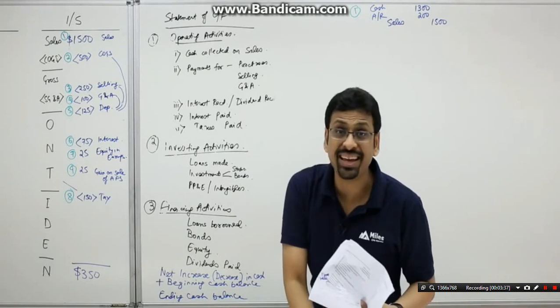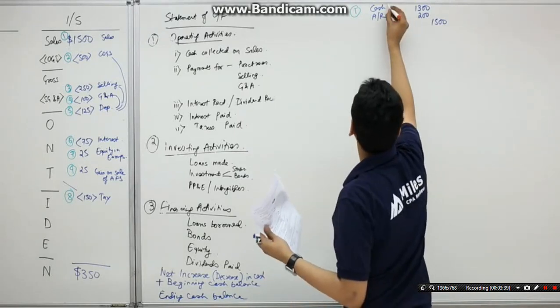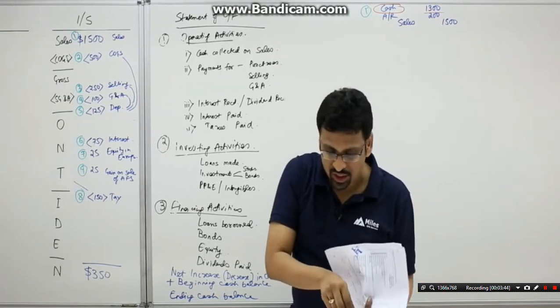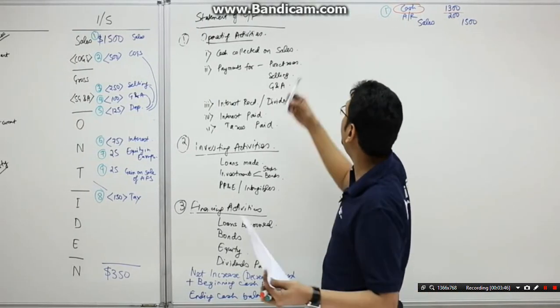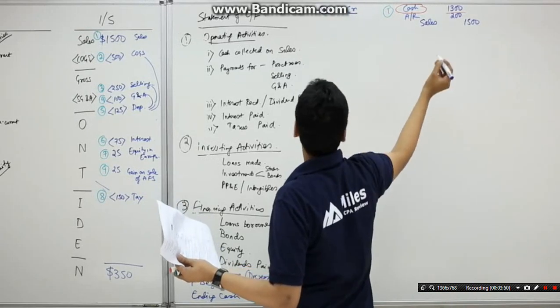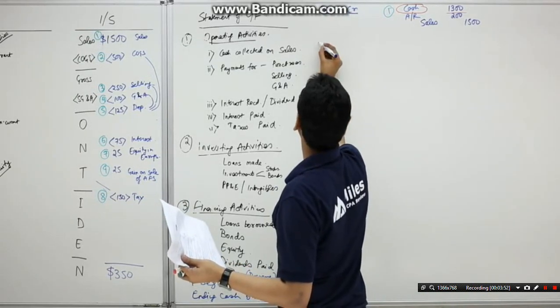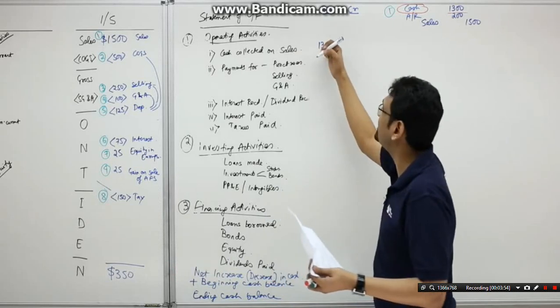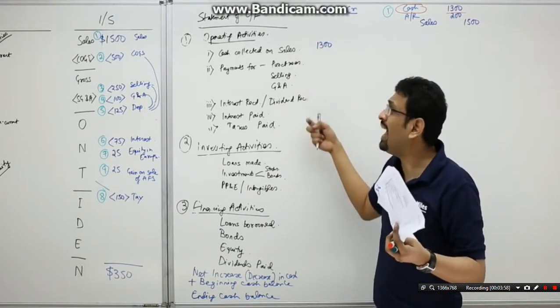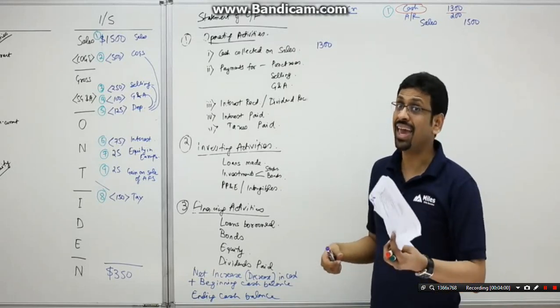Now this is what we were looking at. This is our cash plug, and this 1,300 would flow into the statement of cash flows. So let's have a debit and a credit here. Now the debit would be the 1,300 cash collected on sales, because it increases the cash inflow. Yes, we are looking at it as a summary of the cash account.